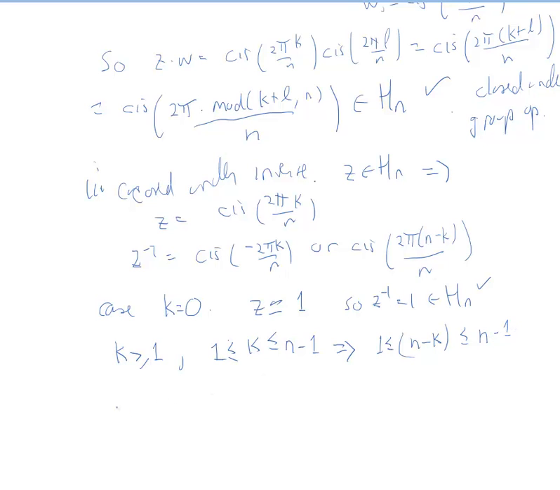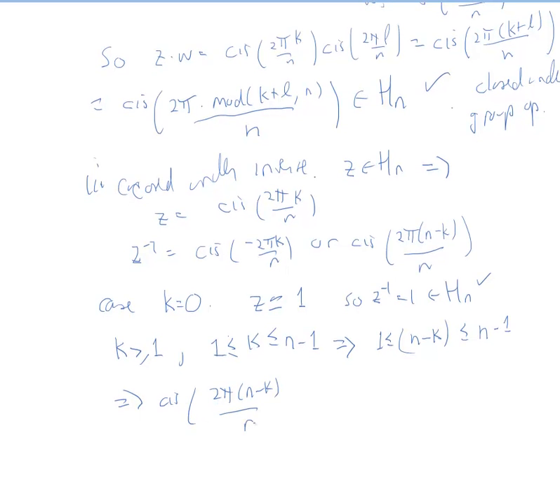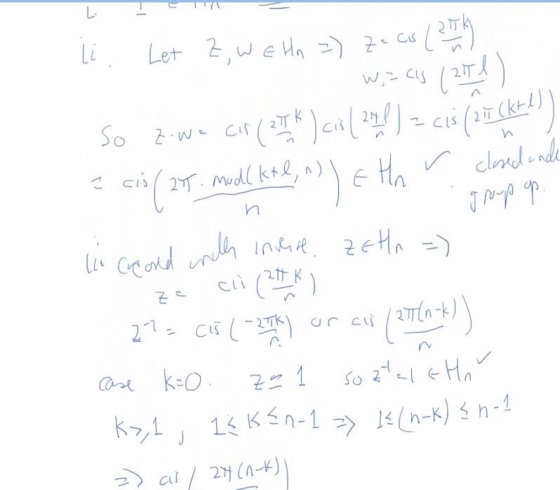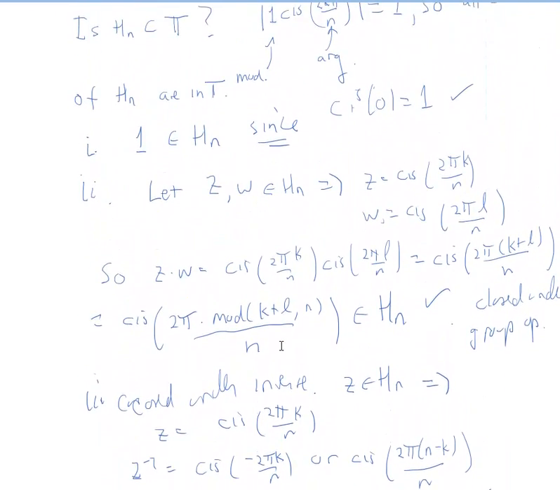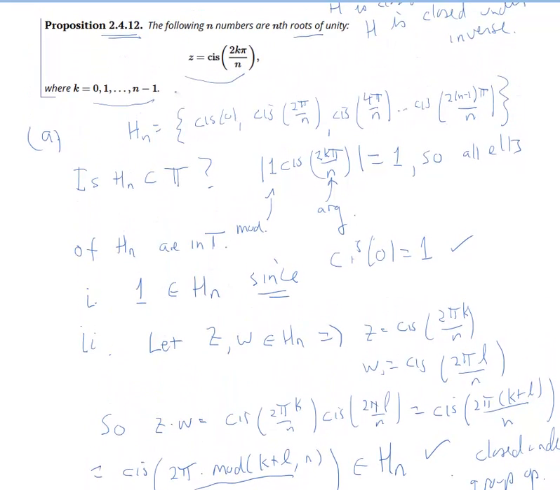So that means that cis of 2 pi (n minus k) over n, this element here, according to my specification of Hn, since n minus k is between 0 and n minus 1, fits the specification that's given here.